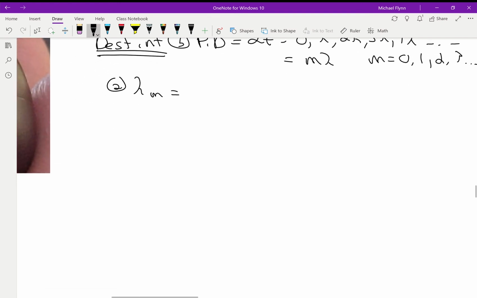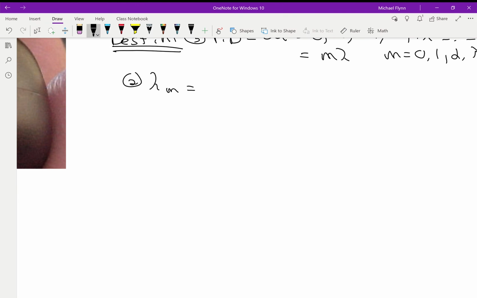So we're looking for 600 divided by 1.2, and 600 divided by 1.2 is 500. I leave it in nanometers, I don't change it.